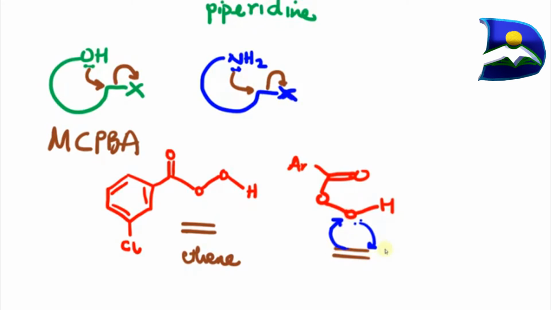This results in the breaking of this bond to form a pi bond between this oxygen here and this carbon, therefore causing a lone pair to form on this oxygen, and this oxygen that has lone pairs here will then form a bond with the hydrogen.